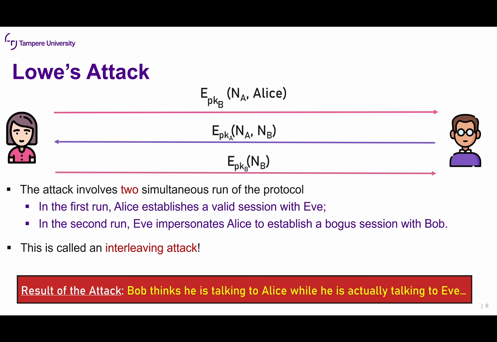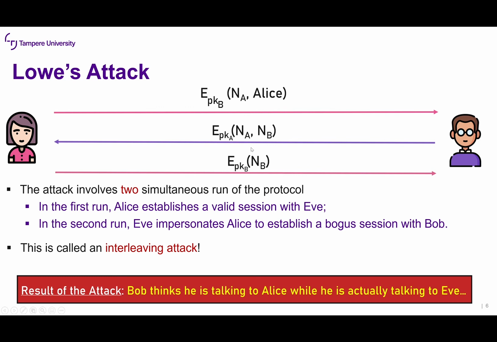The only way that we can do this is by being able to decrypt, let's say this, okay, or by sending back to Bob a valid encrypted version of NB, right?